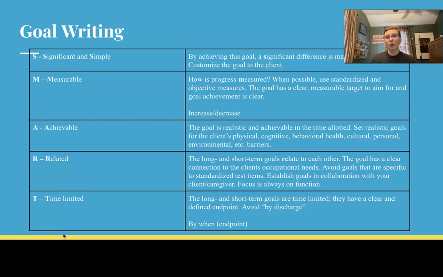So you're not going to write a goal that is 2 weeks long. It's going to be a very short little goal. In acute rehab, you might find that the length of stay is 2 to 3 weeks. So your long-term goal might be 3 weeks, but your short-term goals are going to be for 1 week. So be very clear and realistic with those time frames as well.